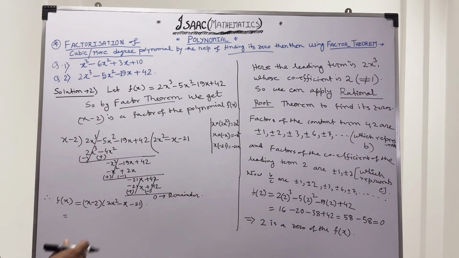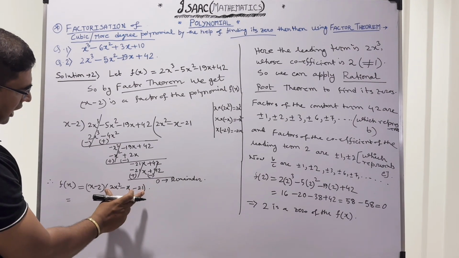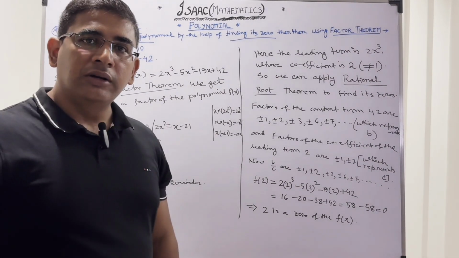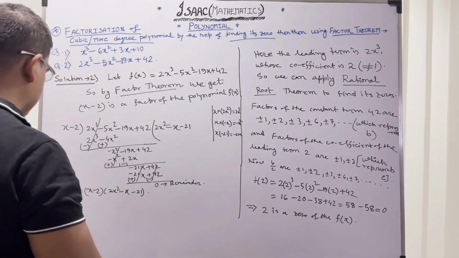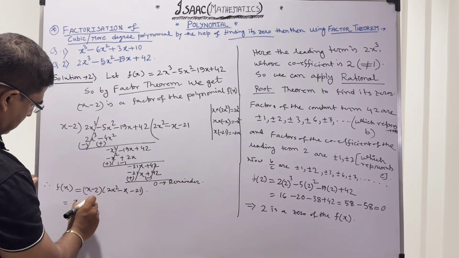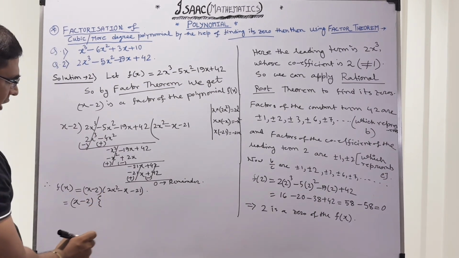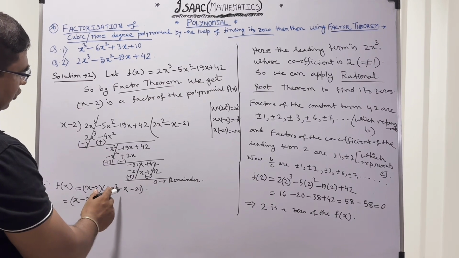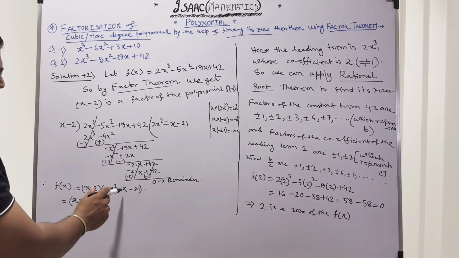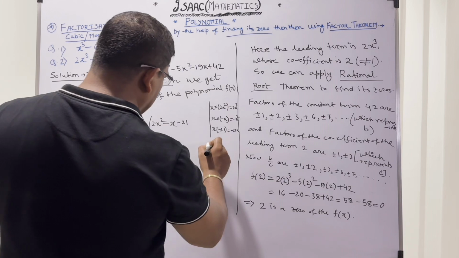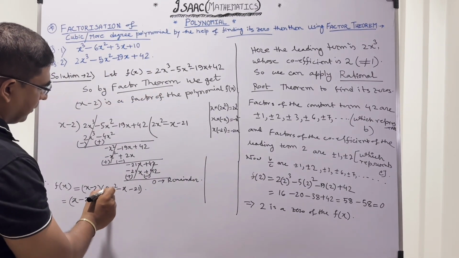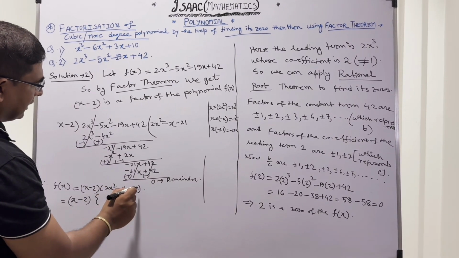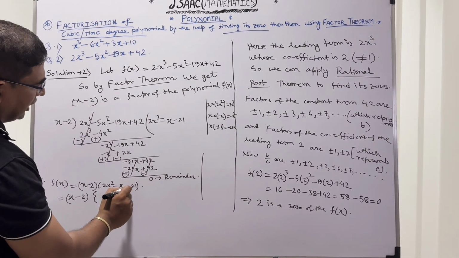Now we can easily factorize this quadratic polynomial by following middle term factorization. Here the linear term is minus x. Excluding its sign, its coefficient becomes 1. So to get 1, first of all we have to multiply the coefficient of the square term, that is 2, by the constant term, that is 21, excluding its sign.